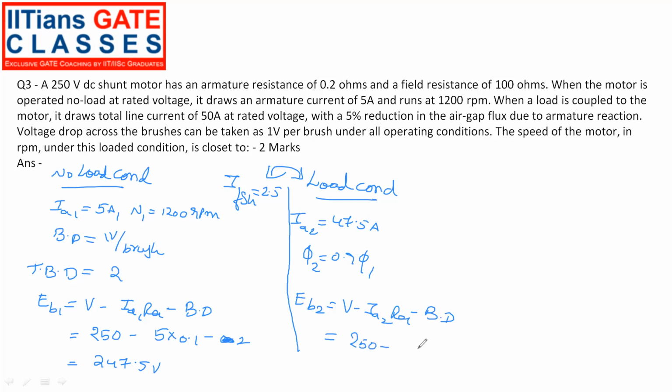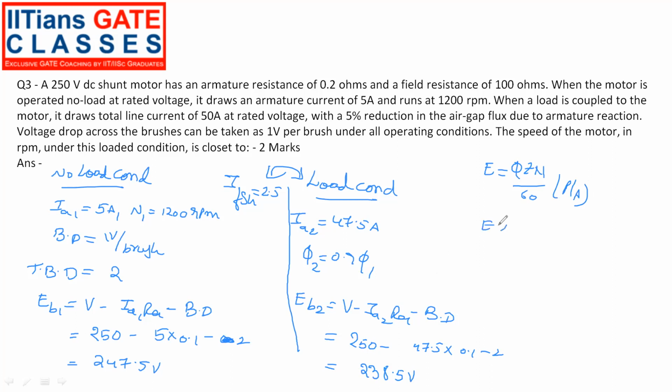So it will be 250 minus 47.5 into 0.2, minus 2. So it will be 238.5 volts. So we know that E is equal to phi Z N by 60 into P by A, right?